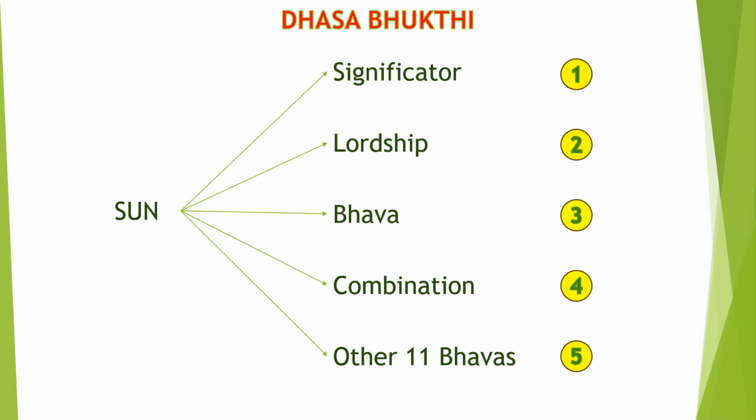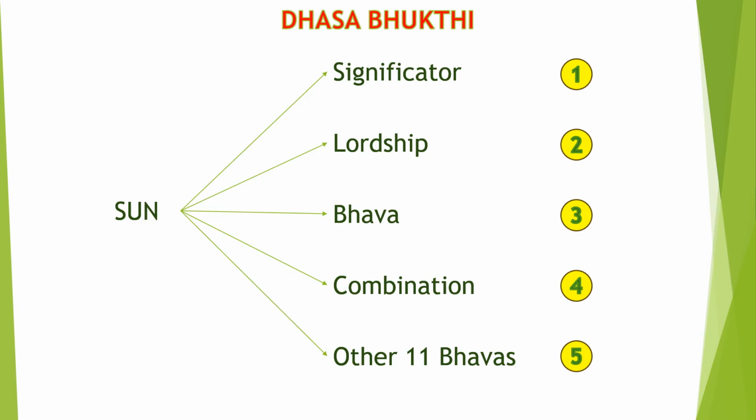So this rule we have learnt in the Nadi astrology itself. So here the Nadi combination and the Bhava and significators, lordship, and the Bhava which the Dasa Lord is in, and also the Nadi combination of the Dasa Lord will also be checked and used. So the next thing is the other 11 Bhavas, other than the Bhava in which the Dasa Lord is.